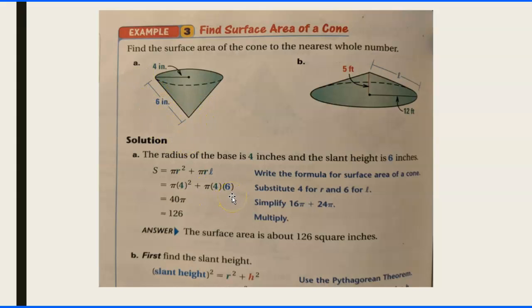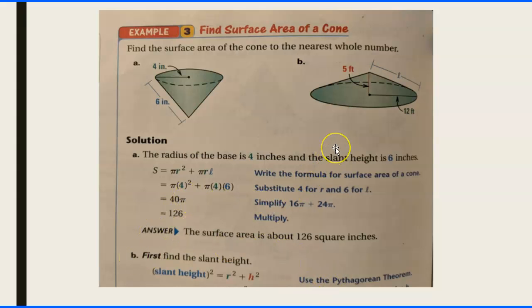They told us it was 6. So we do a 4 times 4, which is 16, times the 3.14. And then 3.14 times 4 times 6. And you end up with 40 times pi, or 126. So this one's not as hard because you just have your formula there.